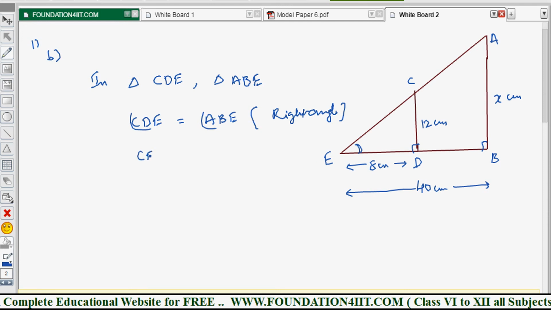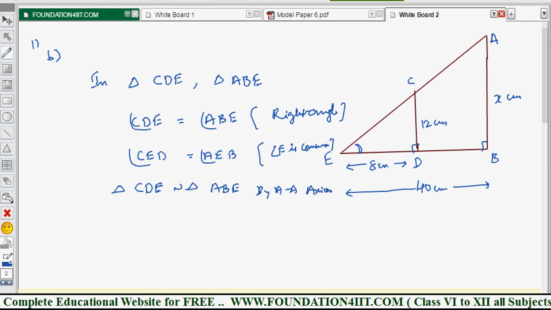That is, angle CED is equal to angle AEB. So both are similar now. Triangle CDE is similar to triangle ABE by the AA axiom, because two angles are equal.